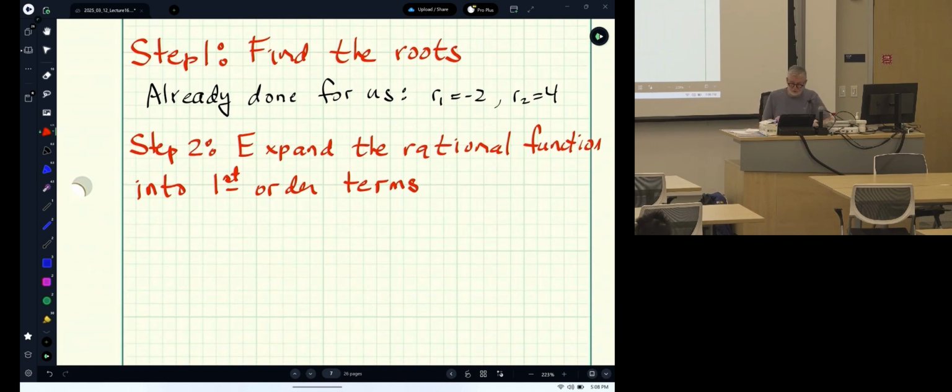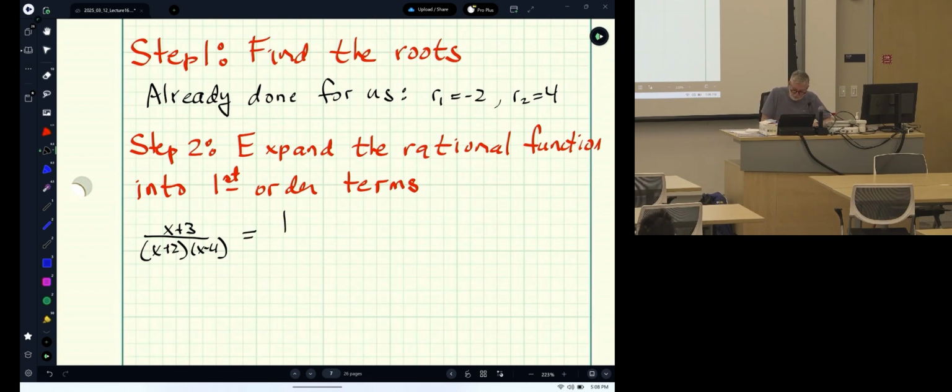So what does that mean? So we have our x plus 3 over, what was it? x plus 2 times x minus 4. So I've got a 1, a 2, a 3, and a 4 in my equation. That's how I chose this.